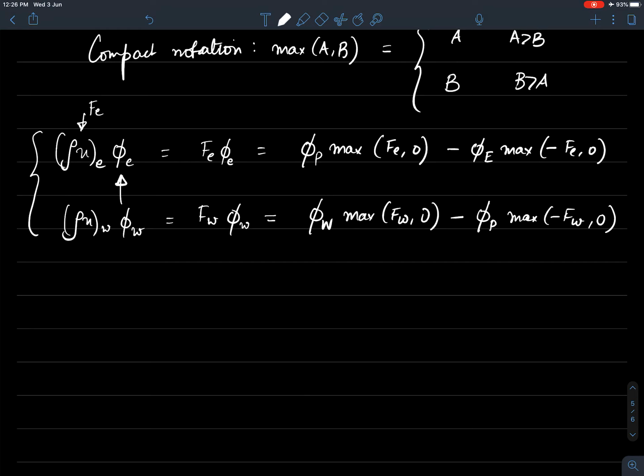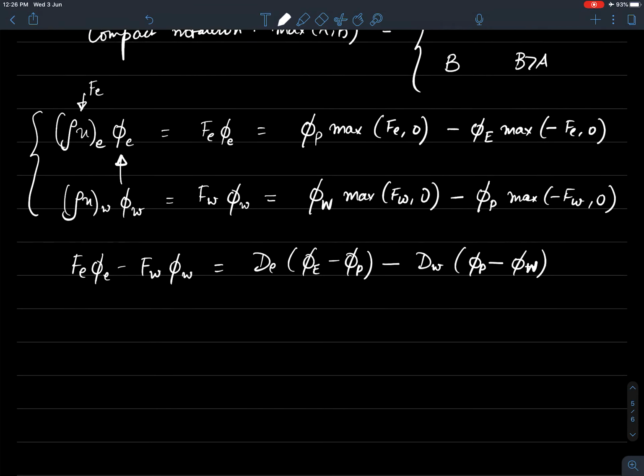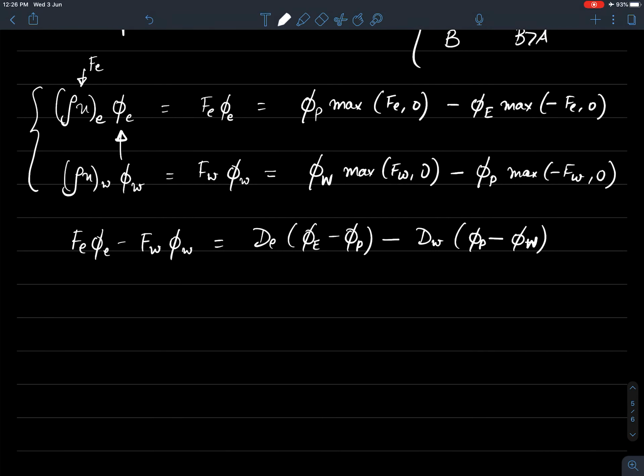Now let's take these things back into the integrated governing equation. We had fe phi e minus fw phi w equal to de times phi e minus phi p minus dw times phi p minus phi w, and now I can replace fe phi e and fw phi w by the expressions I just defined in terms of the max function.